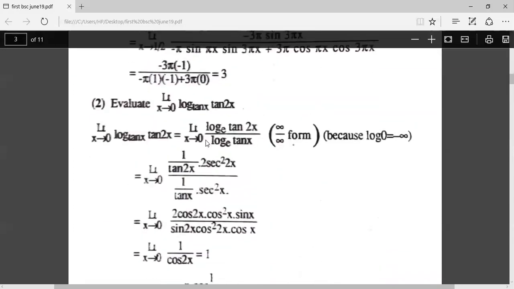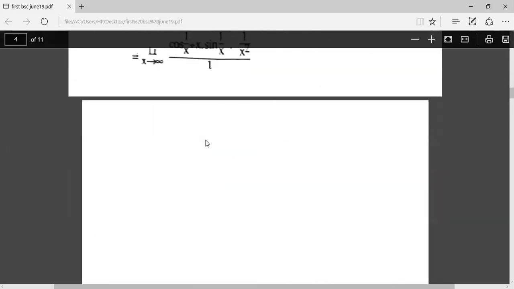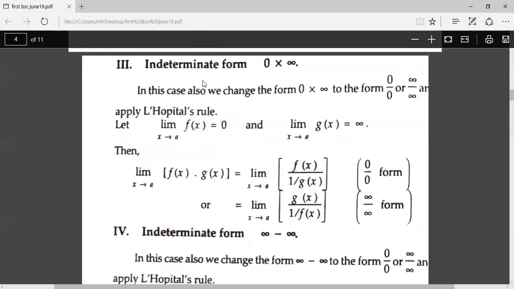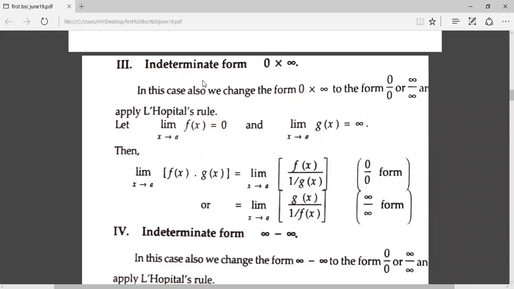So these are all the problems on infinity by infinity form. Next, we shall take another indeterminate form, that is 0 into infinity. Remember, 0 into infinity is not 0, it is indeterminate.